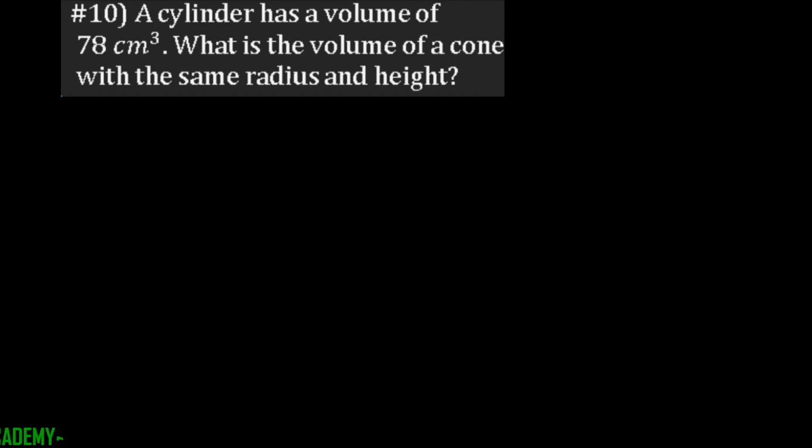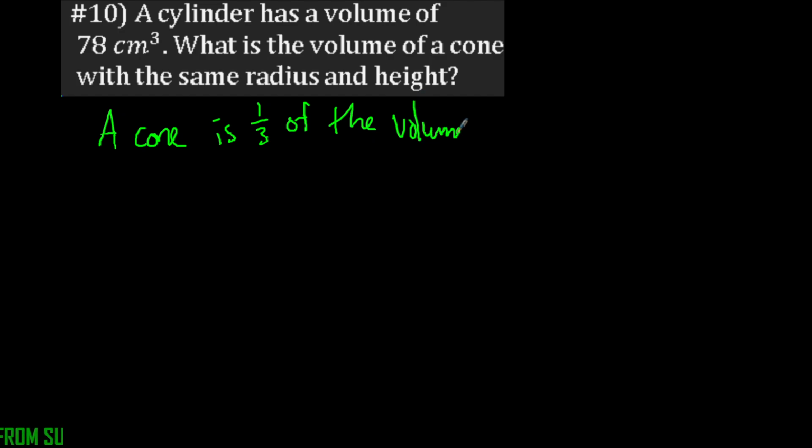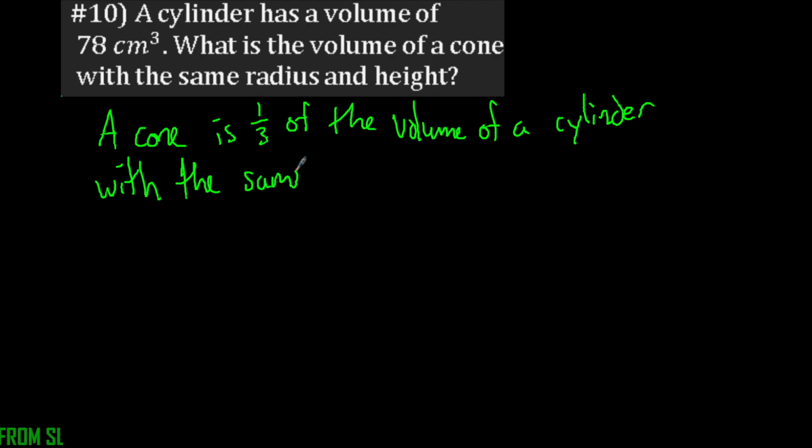Well, if you remember from what we had before, we can say a cone is 1/3 of the volume of a cylinder with the same height and radius. So because they are the same, I can take that volume divided by 3.